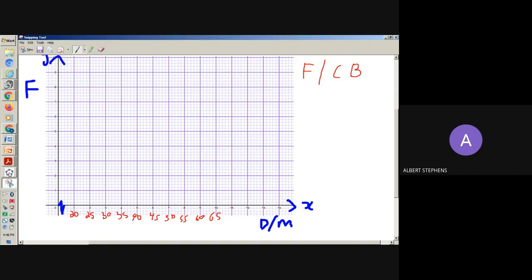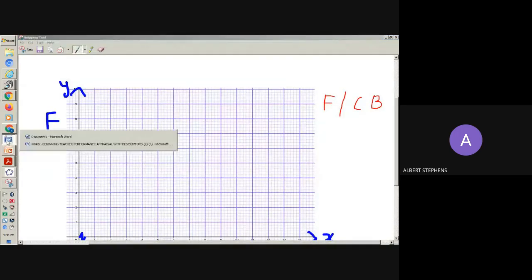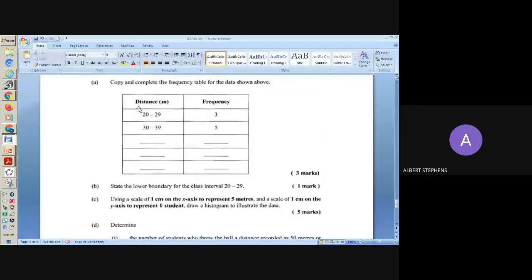In other words, we're not going to use the 20 to 29, the 30 to 39 class. We're going to use what we had over here on the left hand side, where you had 19.5 to 29.5. That's what you're going to use.